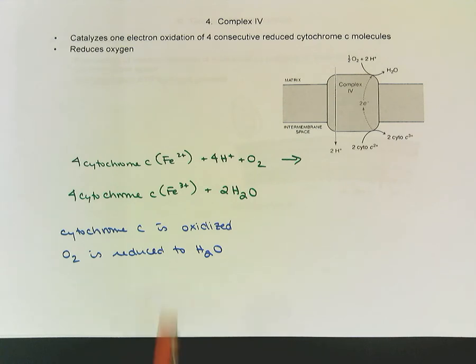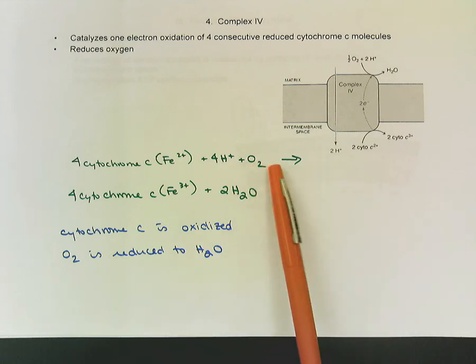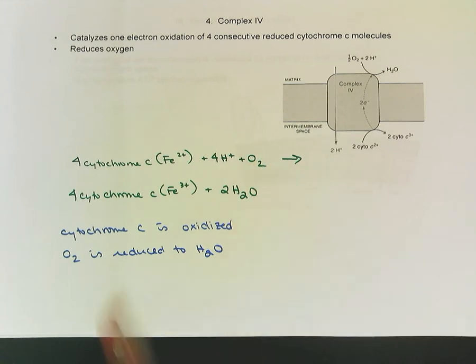So I've gone from iron plus 2 to plus 3, so that's an oxidation. And the oxygen has gone from an oxidation state of 0 to minus 2, so it has gotten reduced.